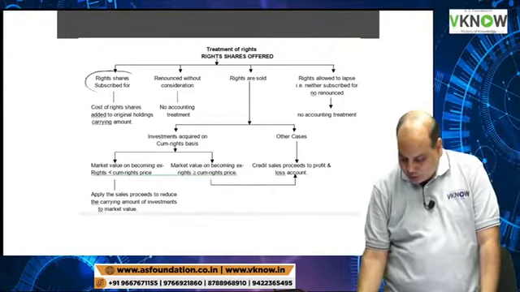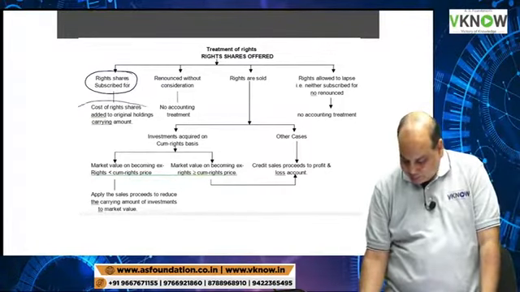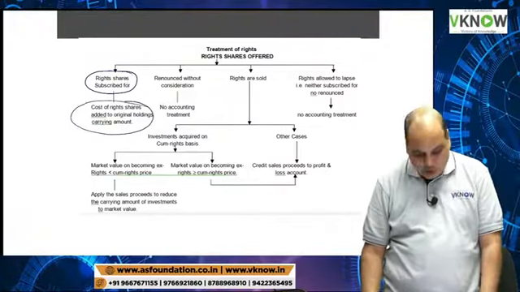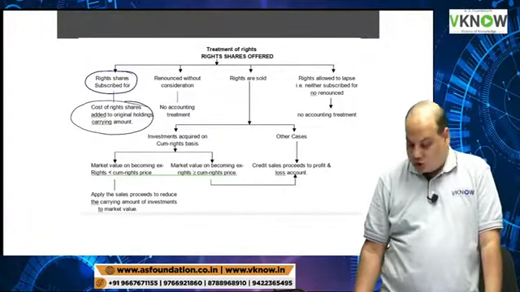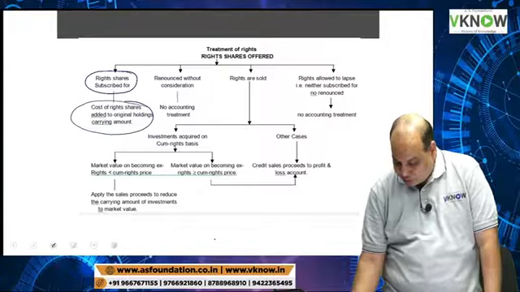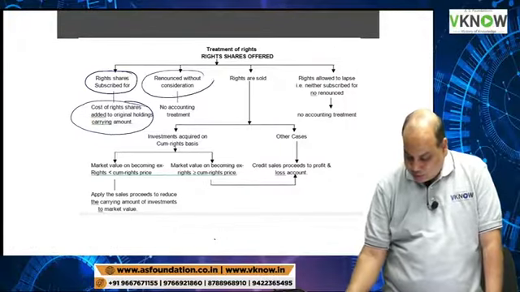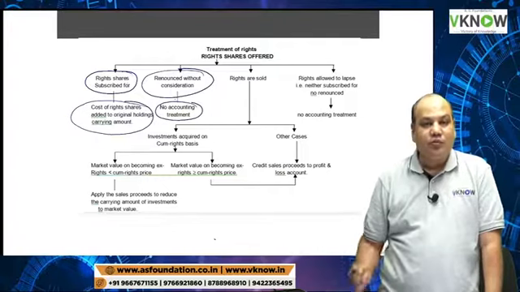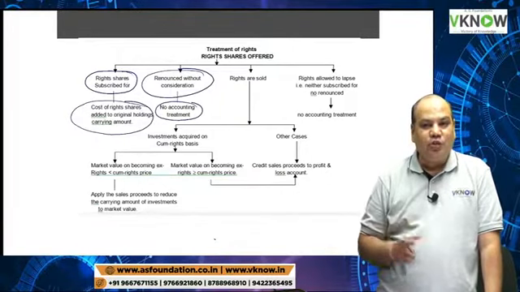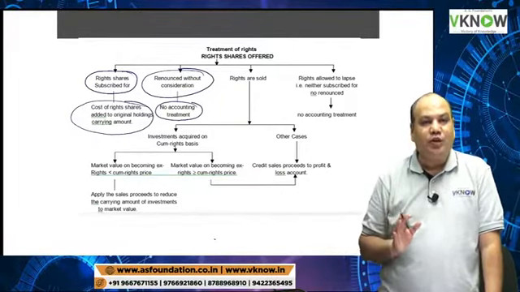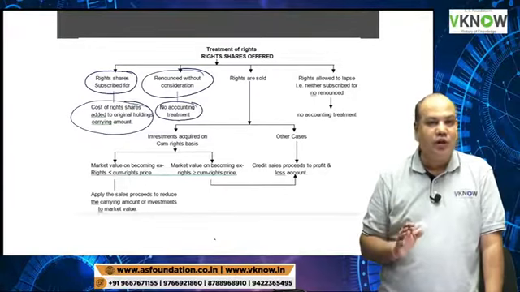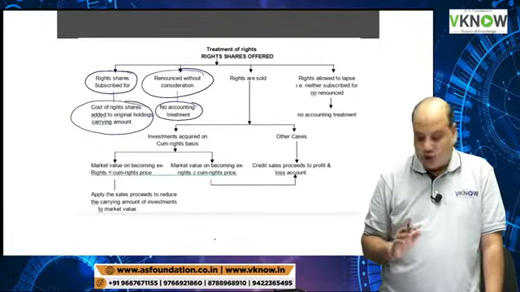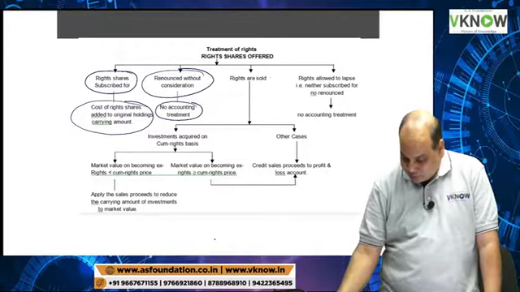If rights shares are subscribed, the cost of rights shares will be added to the original carrying amount. Rights are renounced without consideration: Dhruv gave his right to his friend Sanket without consideration. Since no consideration is involved, no journal entry will be passed.